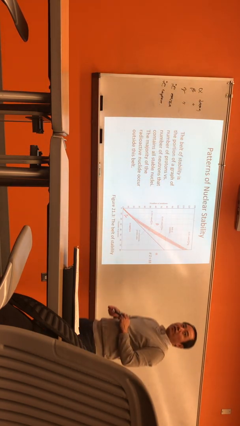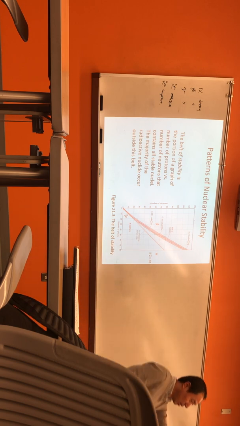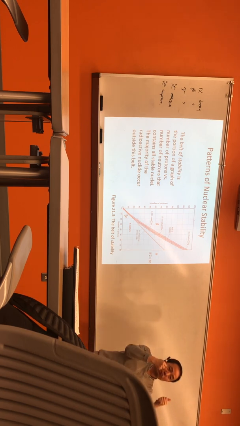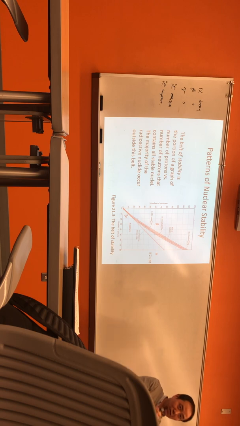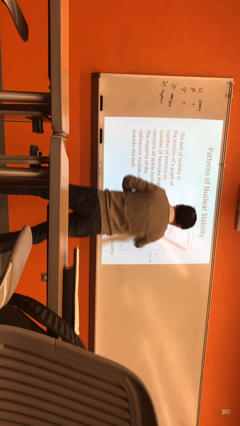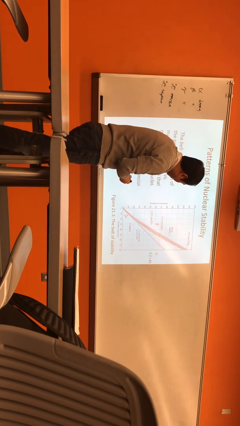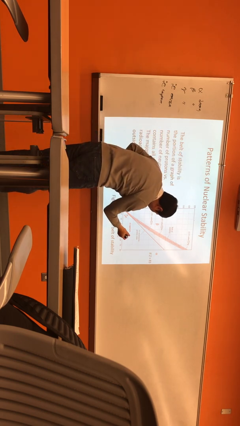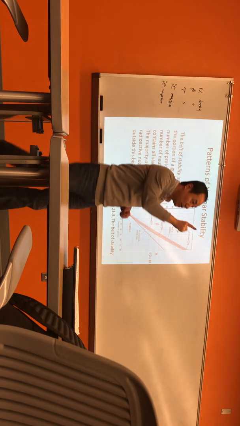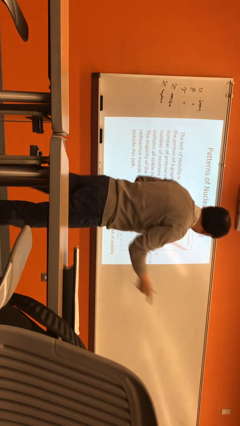So nuclei, all those elements in nature, are very stable, but some isotopes are not stable because their neutron to proton ratio is not proper. This graph will show, for example, if I have atomic number 10, which means neon.